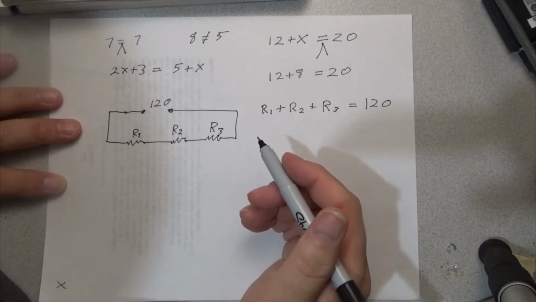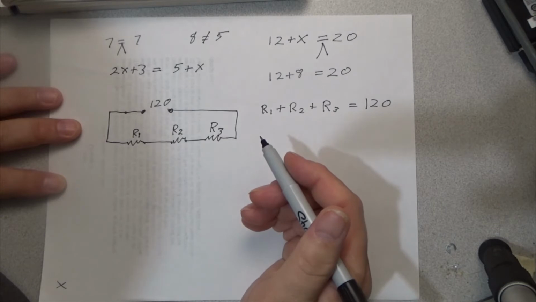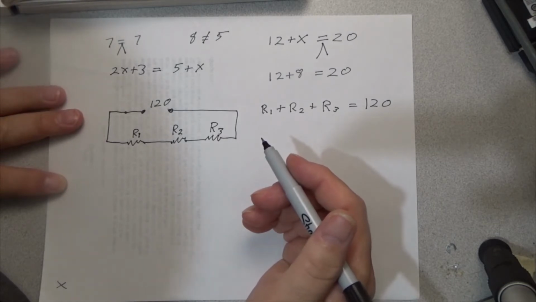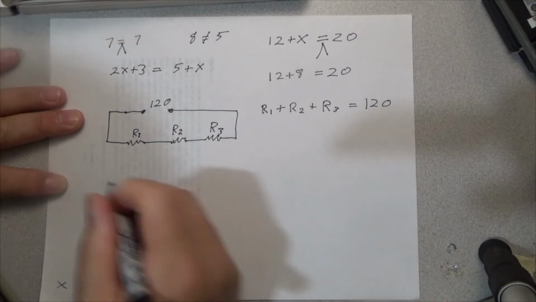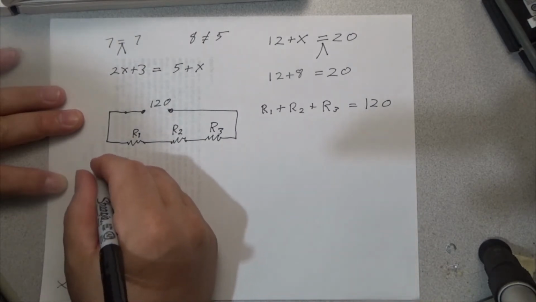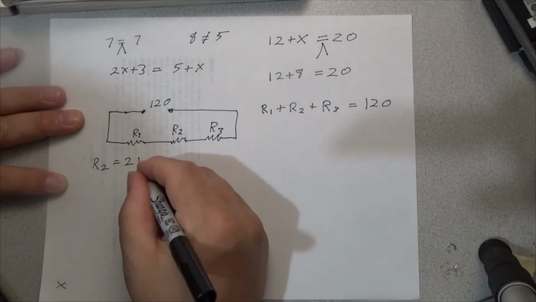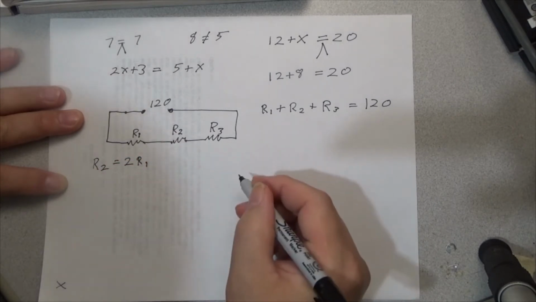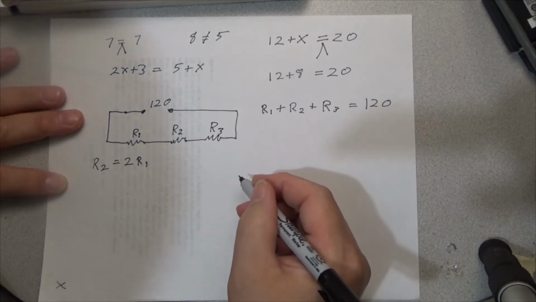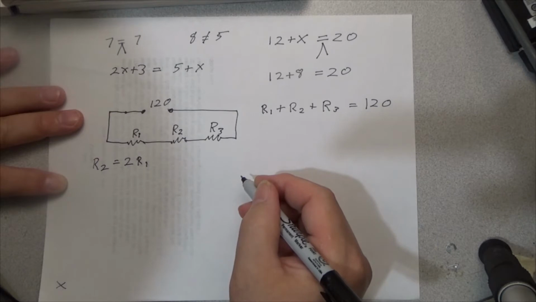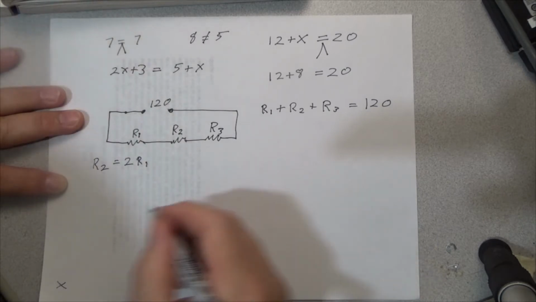It says that the voltage across resistor 2 is twice the voltage across resistor 1. So R2 is equal to 2 times R1. And then it says the voltage across resistor 3 is 3 times R1.